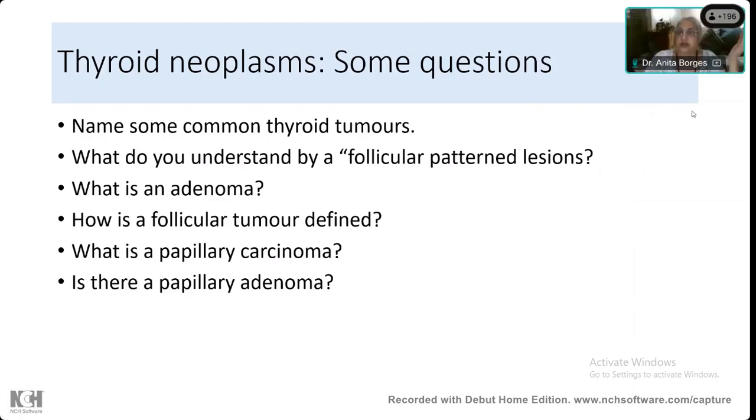So how can it be normal? Benign proliferation of the cell. All right, very good. There's a benign proliferation. But how do you recognize it as an adenoma? Is there anything specific that you look for in the thyroid that tells you that this is an adenoma?